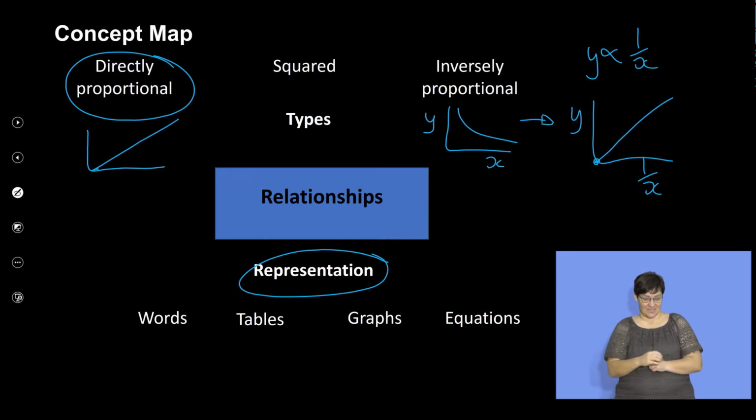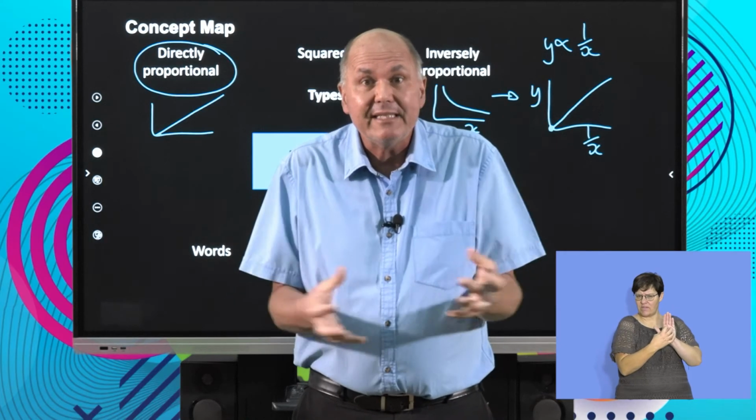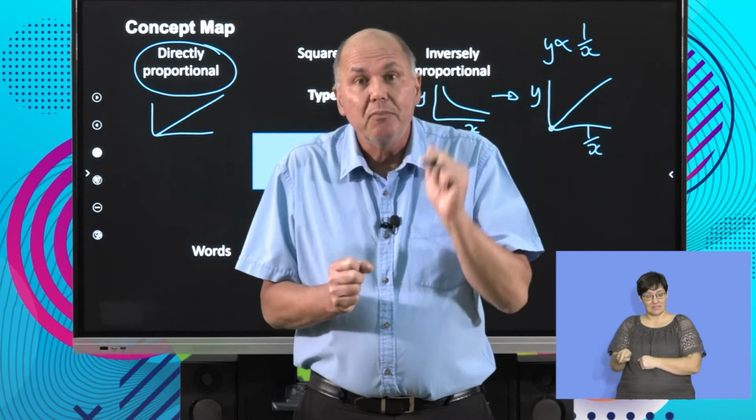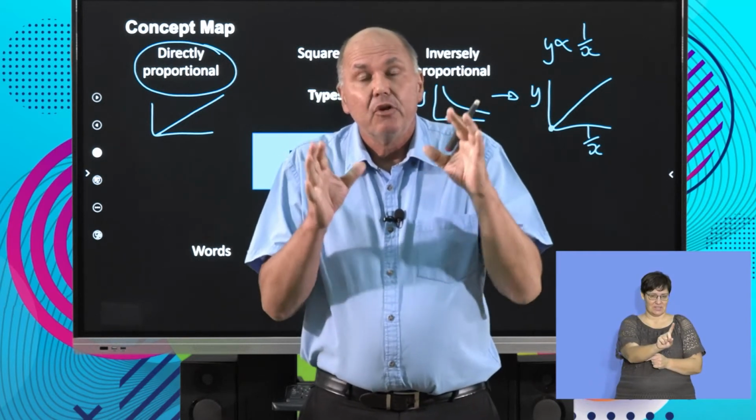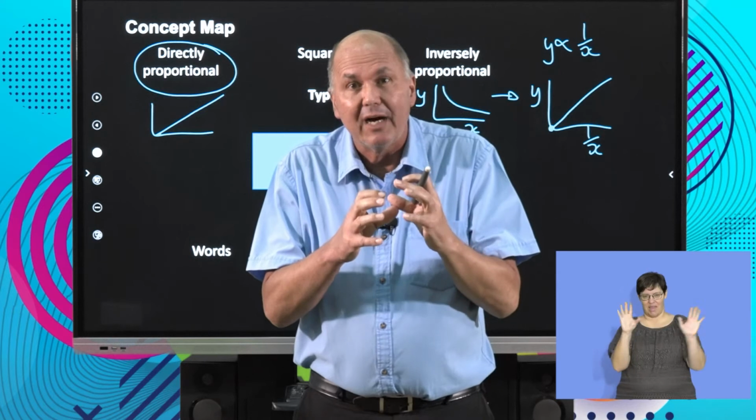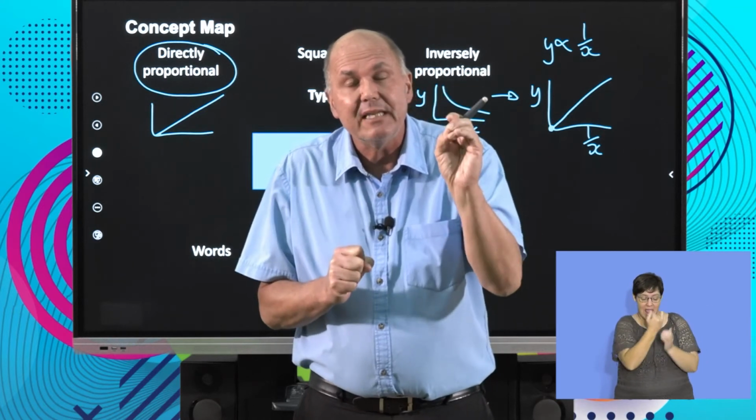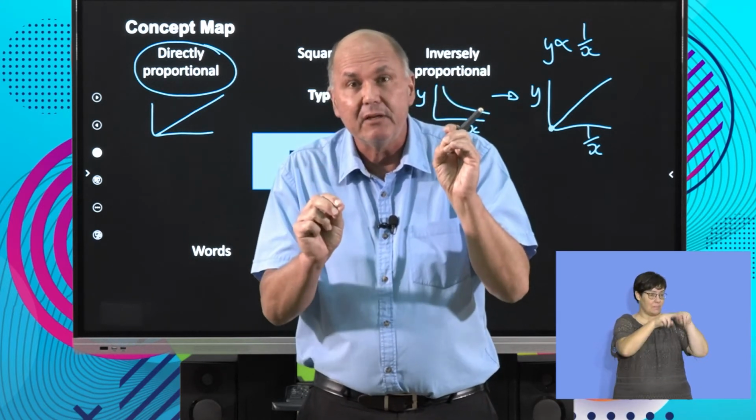So please make sure whenever you're trying to look at relationships and you're trying to look at graphs, relating them to an equation, that you must make sure that you've got them very clearly sorted out, that you understand what is the independent variable, what's the dependent variable.